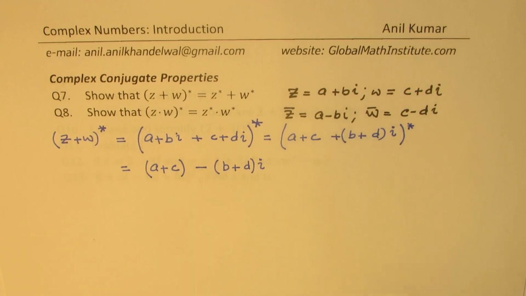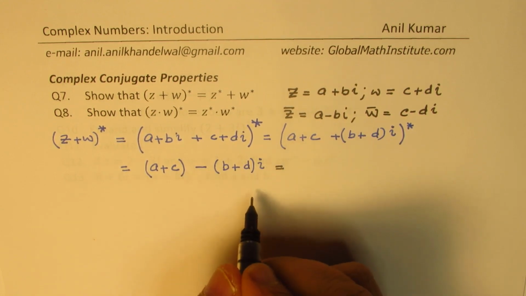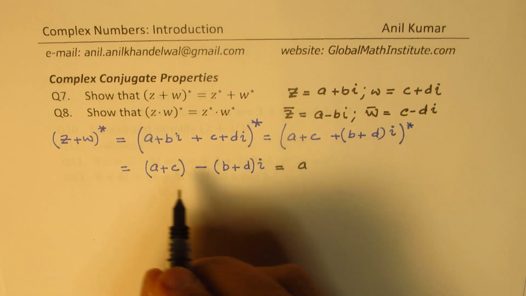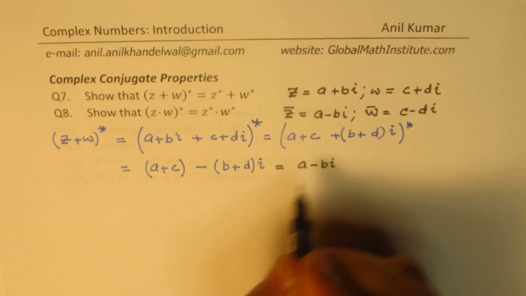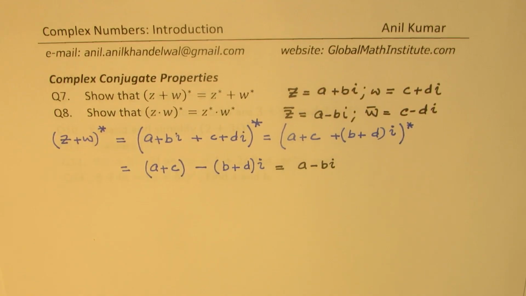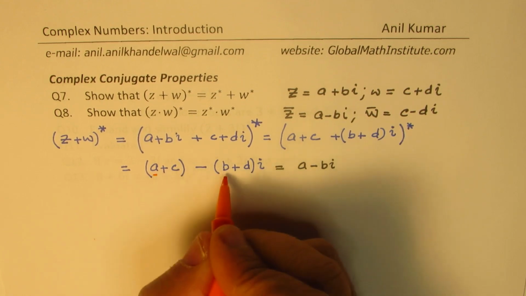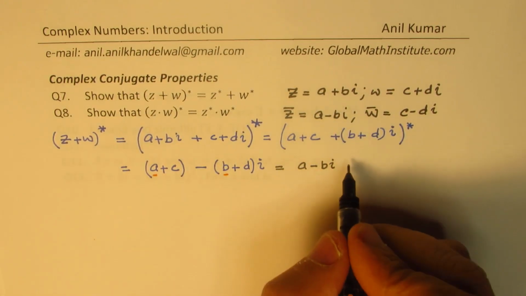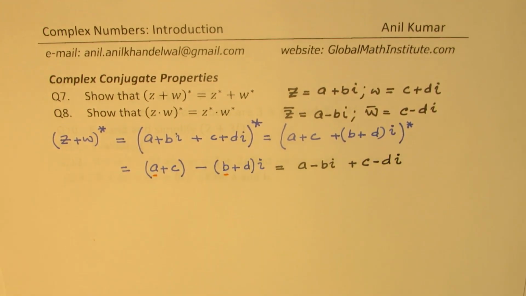So let's do part B of this, which is, let's open this bracket. I could write this as a minus bi, just rearranging, right? So basically what I'm doing here is combining a with bi, and I get plus c minus di. Good.